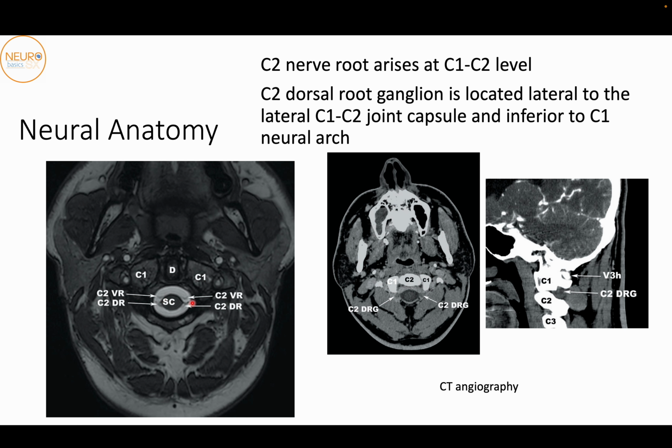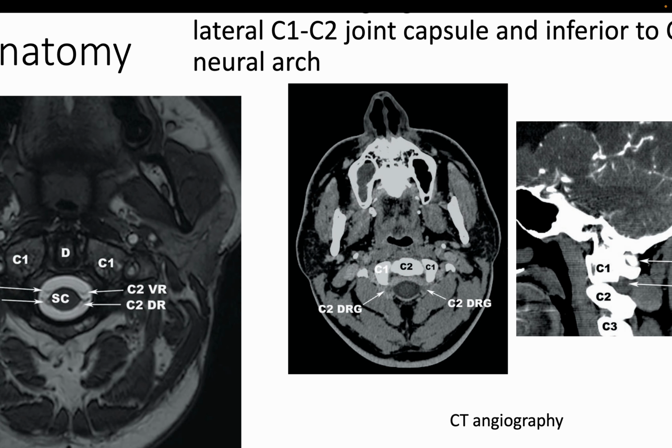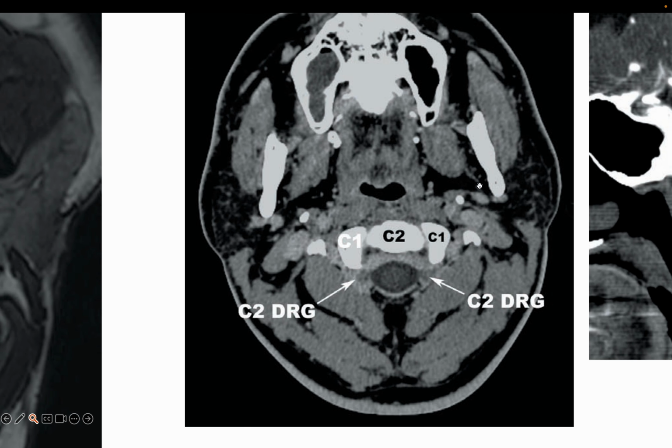Since the dorsal root is present, they obviously should have a dorsal root ganglion. And over here, with CT angiography, you can make out the dorsal root ganglion. In this image with CT angiography, as you can see, the subarachnoid spaces and even the vertebral venous plexus all appear hyperdense because of the contrast, but the dorsal root ganglion will appear hypodense.